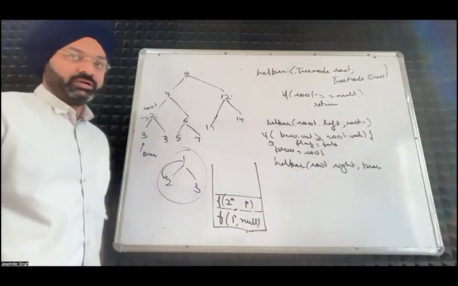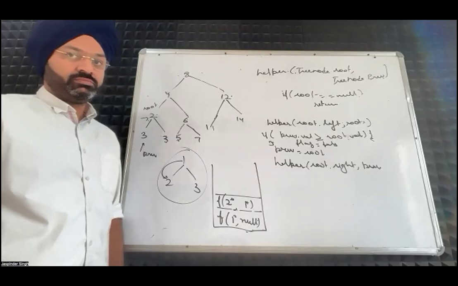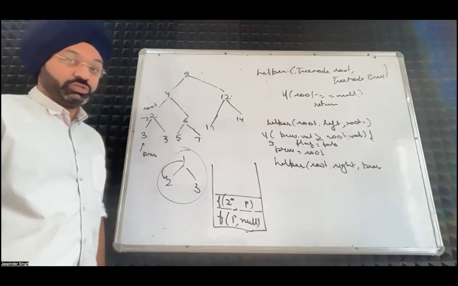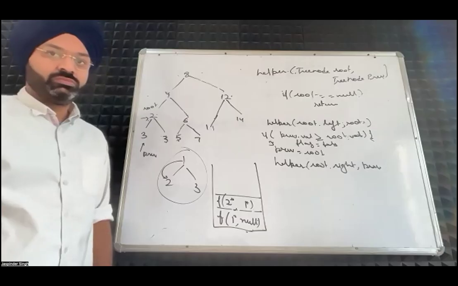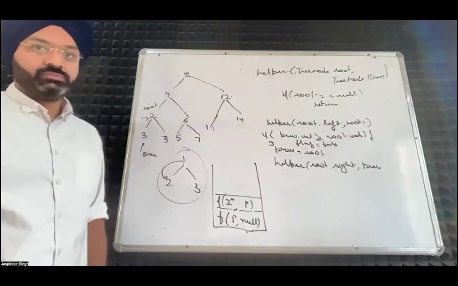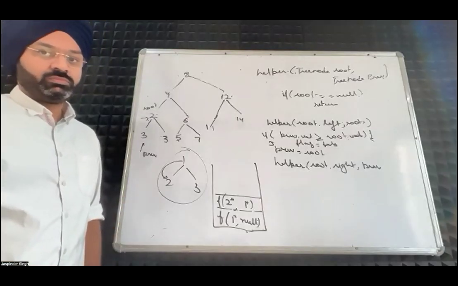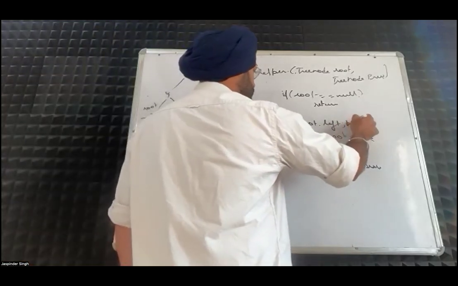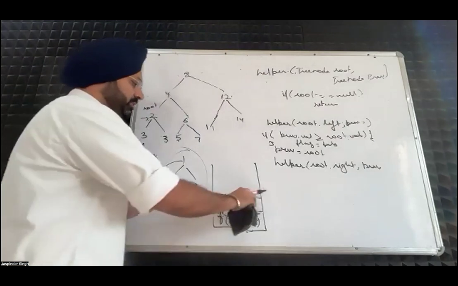Firstly, we should not be comparing 2 with 1. We should be comparing 1 with 2. 2 should be compared with null. So let's keep the previous null only.